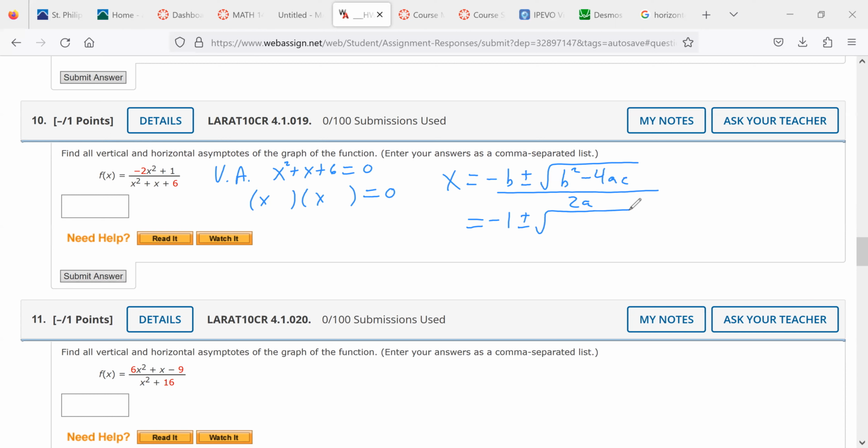Alrighty, let's see. 1 squared is 1, so who cares? Minus 4. Oops, what does this look like? I mean, you should stop here at this point, but is there a real solution?